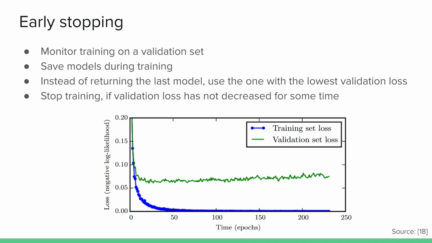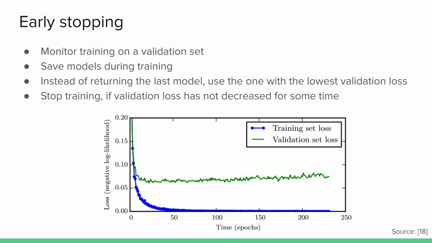One of the most important regularization mechanisms that I highly recommend every one of you to use is early stopping. How it works is that you monitor your training on the validation set. You should do this anyway: after each epoch, compute some statistics, some loss, maybe some precision or any meaningful value on your validation set.